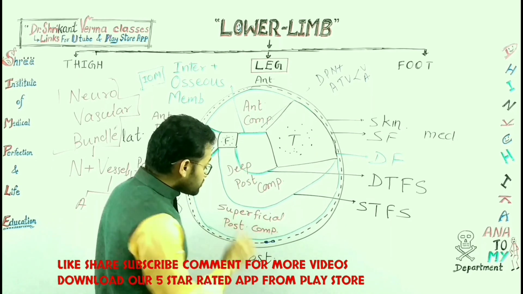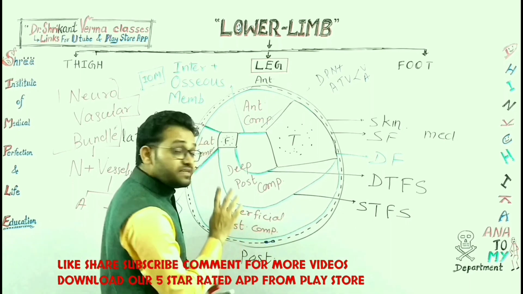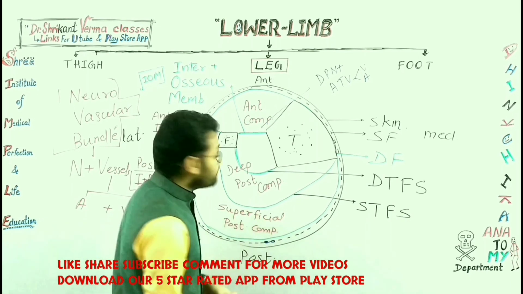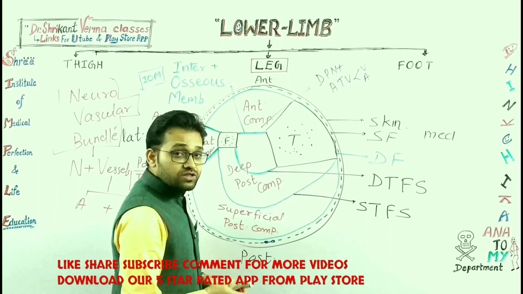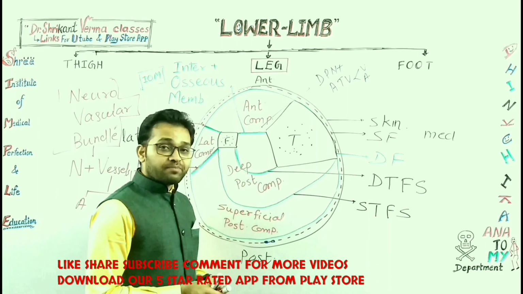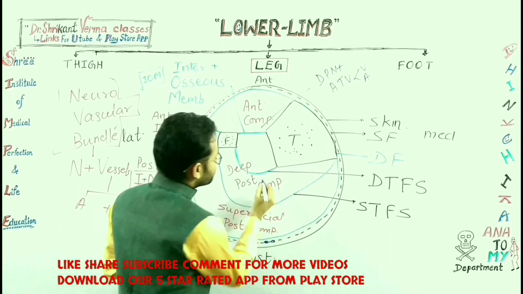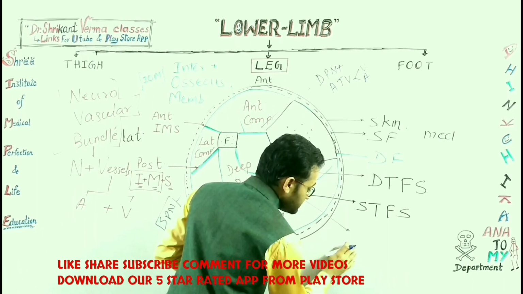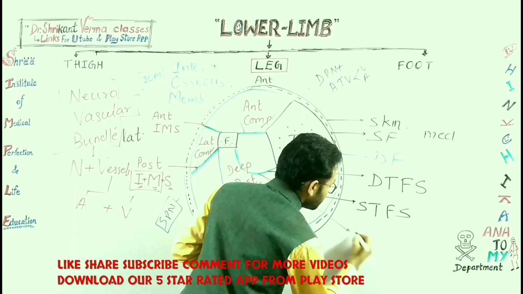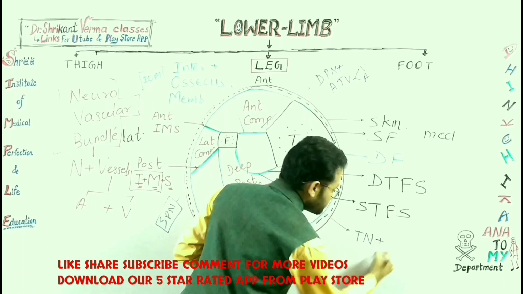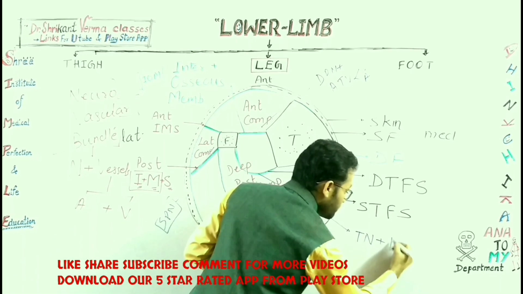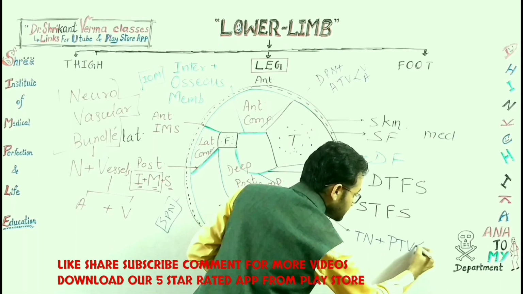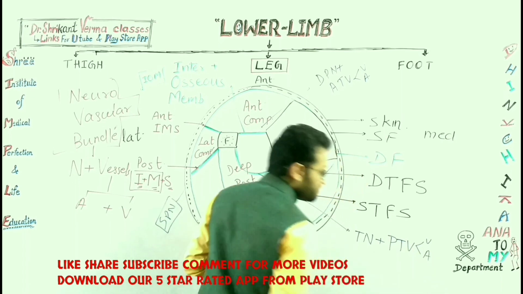So your answer was that the superficial posterior compartment lacks the neurovascular bundle. Sir, what about the deep posterior compartment? Within the deep posterior compartment there is the presence of a nerve. Which nerve? The tibial nerve is present, along with the posterior tibial vessels, meaning the posterior tibial vein and artery.